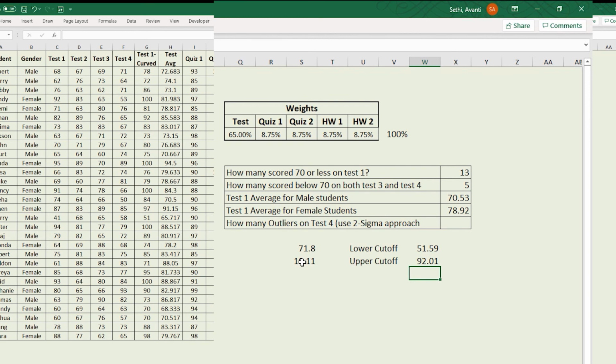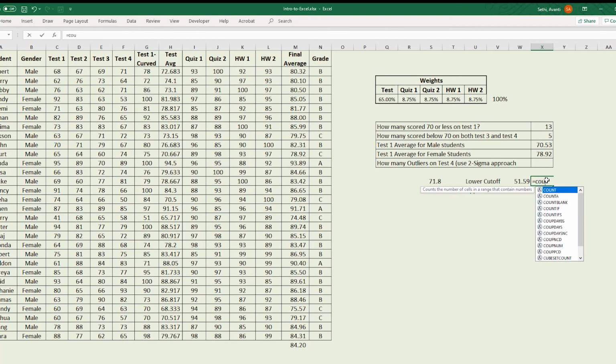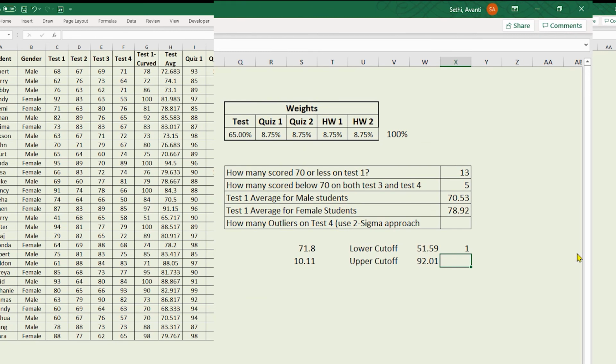So now we simply have to find people who are below this or above this. Equal to COUNTIF, and our range is this one, and we put less than the lower cutoff. That gives 1 in that range.